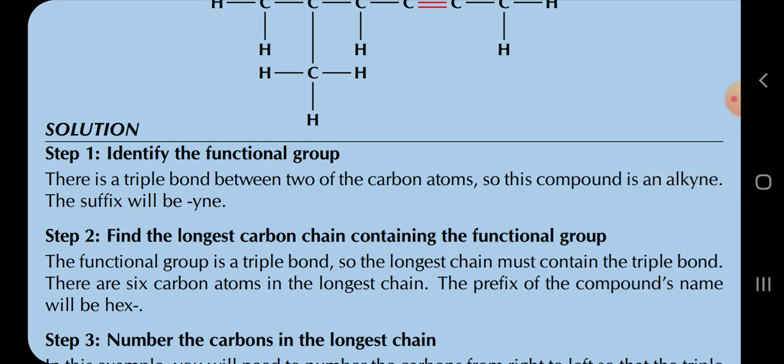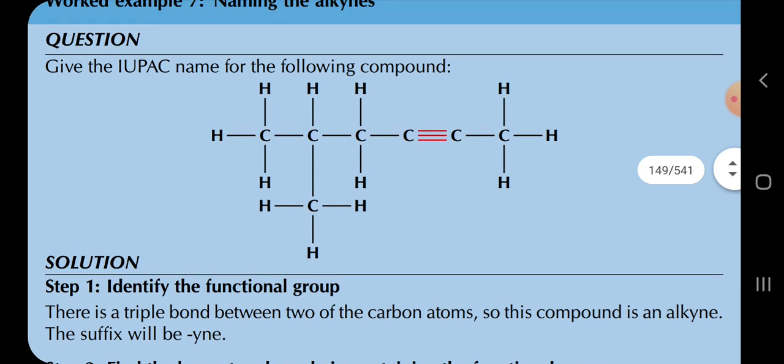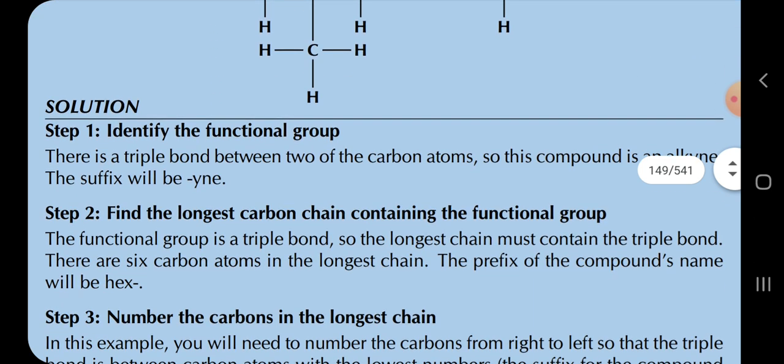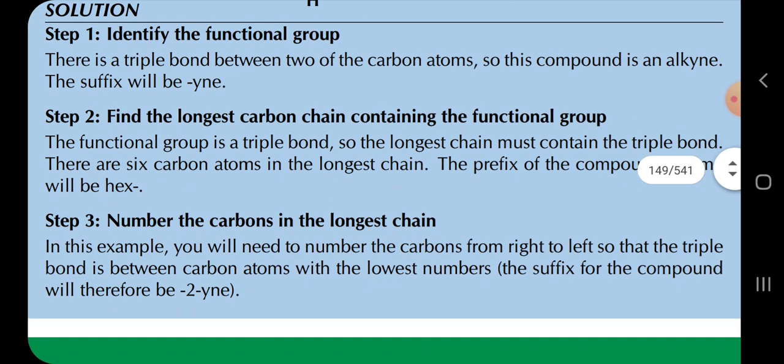The functional group is a triple bond, so the longest chain must contain the triple bond. There are 6 carbons, so the prefix of the compound's name will be hex, and then number the carbons in the longest chain. The suffix for the compound will be 2-yne.